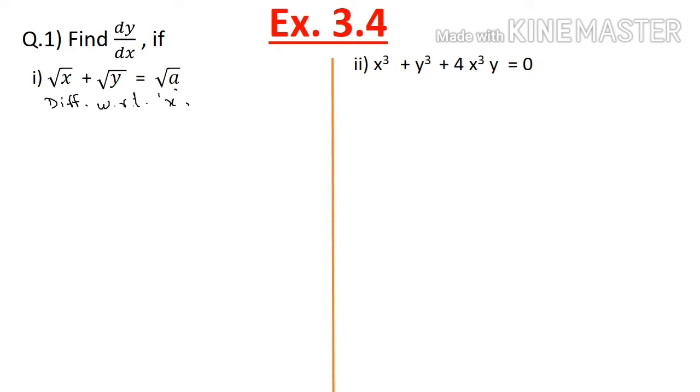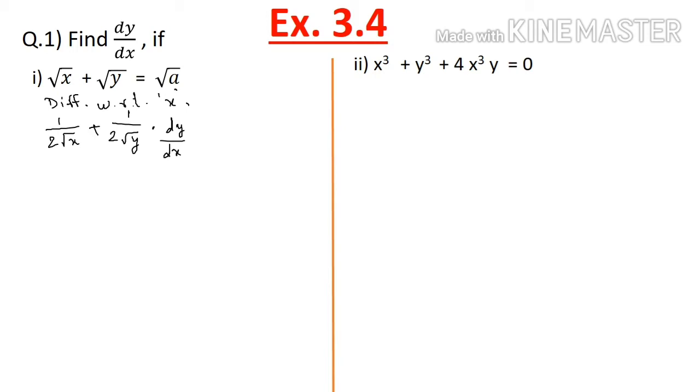The derivative of root x is 1 upon 2 root x. Hope you know this rule. Plus the derivative of root y will be 1 upon 2 root y into dy by dx.